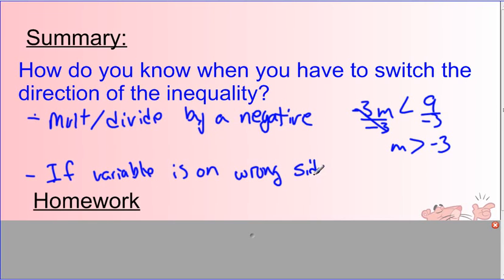An example might be if you have negative 5 is less than g. To graph this, the variable's on the wrong side. So I'd want to switch the g and the negative 5, and then you switch the direction of the inequality. Those are the two different cases we've learned to switch the direction of the inequality. And hopefully you came up with both of those answers.